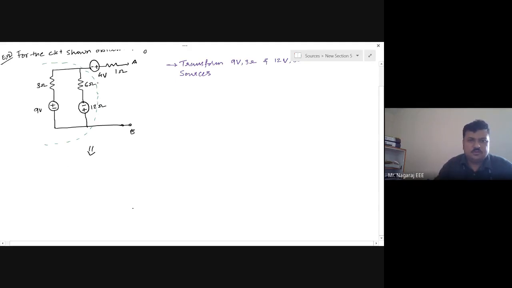I will keep this 4 volt 1 ohm as it is. Till end we will keep it as it is. We will see what can be done with that at the end. So these two resistances will remain as it is, 3 ohm and 6 ohm.